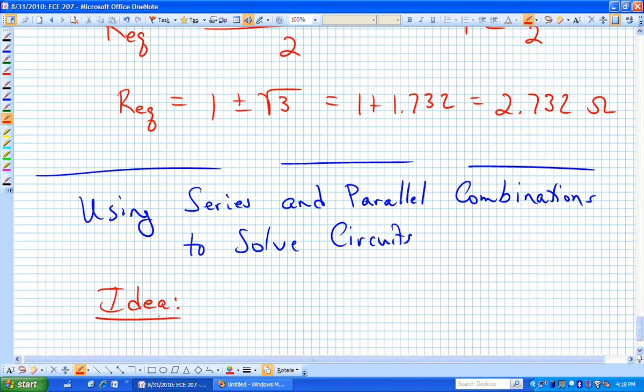The idea behind this is the following. We want to collapse everything down, simplify things down, try to get an answer, and then start growing back to the original and start seeing if we can get answers that we need as we expand the circuit back after collapsing it.